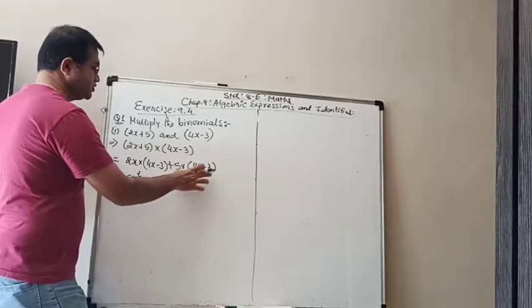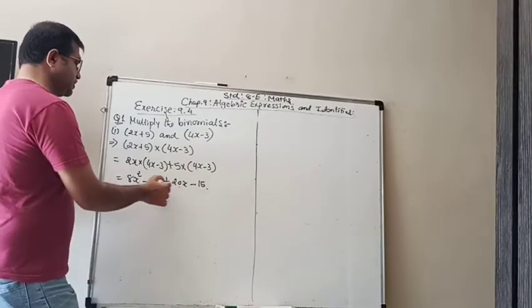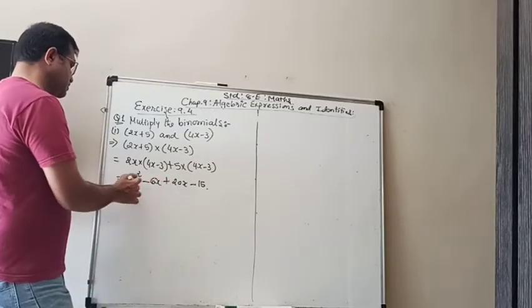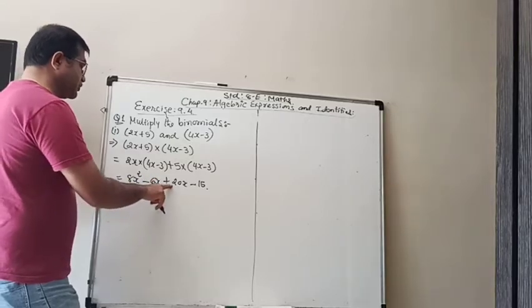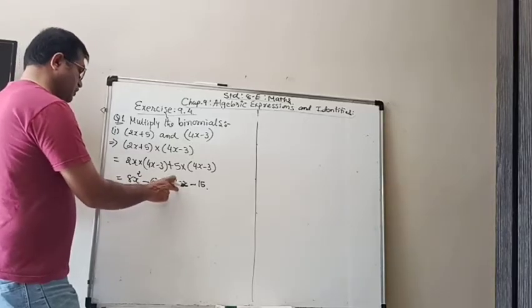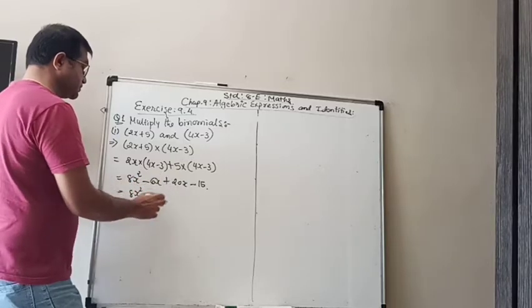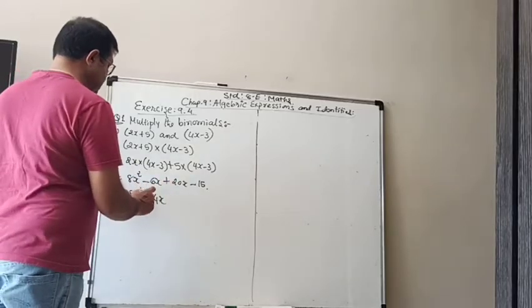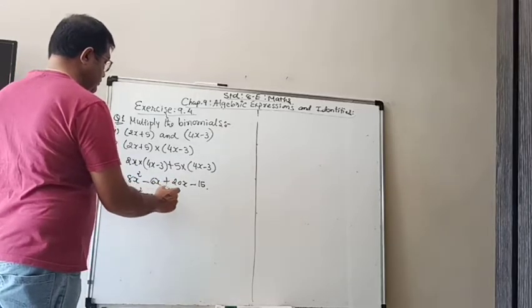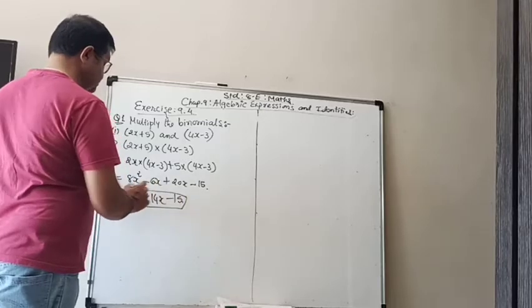Minus 5 into 3, 5 3s are 15. Now you can see that they are like terms. So it is equal to 8x square minus 6x plus 20x, opposite signs, so subtract: 20 minus 6 is 14x. But the greater number is 20, so the sign will be positive. Minus 15. That is your answer.